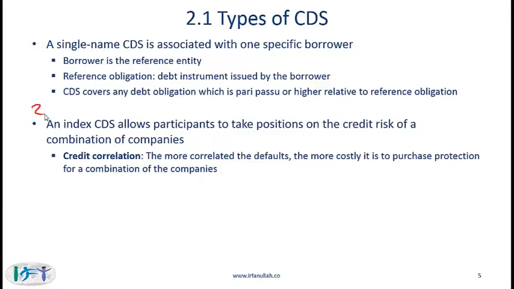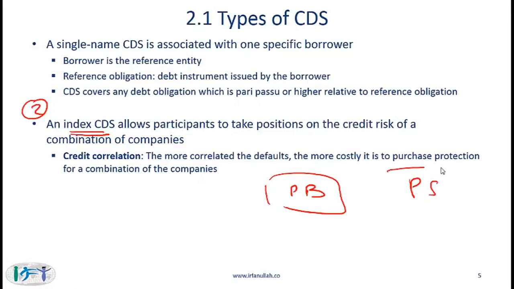The next type is an index CDS. An index CDS allows participants to take positions on the credit risk of a combination of companies. Now, in this case, again, there will be a protection buyer, a protection seller, but underneath, we won't just have one borrower.